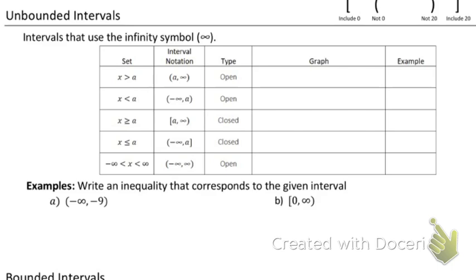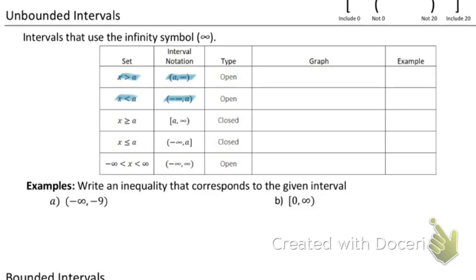So if we look at all of our different sets in that left-hand column, we have x is bigger than a, x is smaller than a. Note that neither one of those have an equal to sign. That is why in interval notation, we use parentheses. No equal sign means you're going to use parentheses.